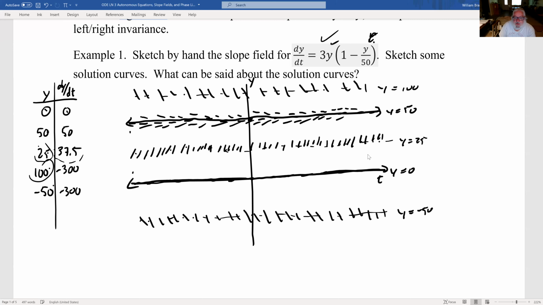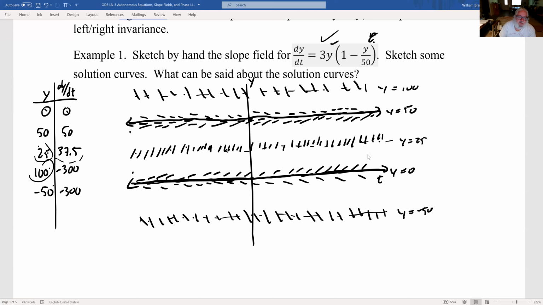If you take, say, 49.99 and plug it in for y, this term will be very close to 0. And we're also close to 0 near y equals 0, because if you take y equal to, say, 0.01, you're starting out with 3 times 0.01. So near these horizontal lines that are solutions, you have pretty shallow lines.